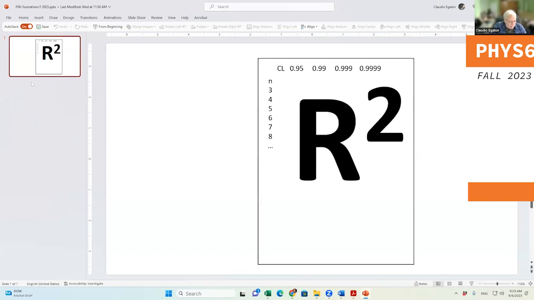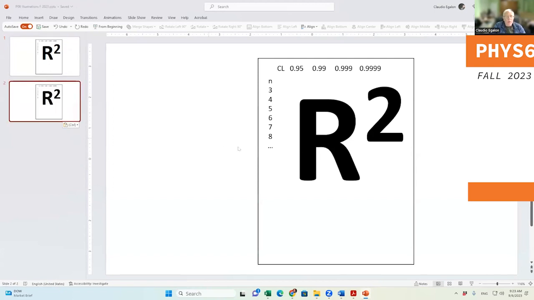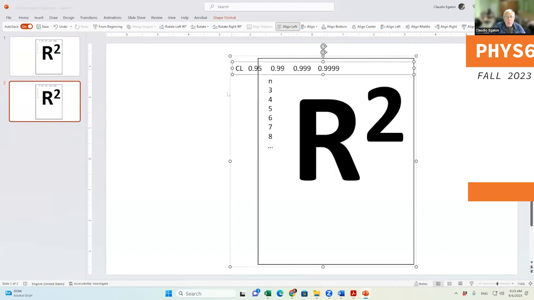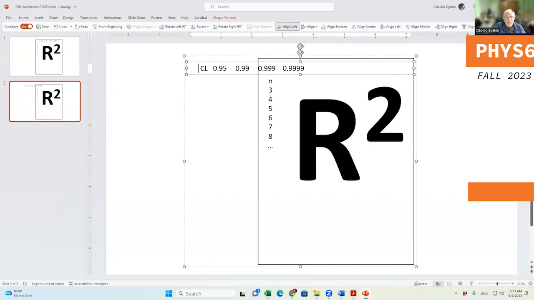There's one more thing, and I'm going to illustrate even more. What you have to know is that at the extreme left of this table, the CL is going to have a value of 0, and I'm going to put ellipses here.